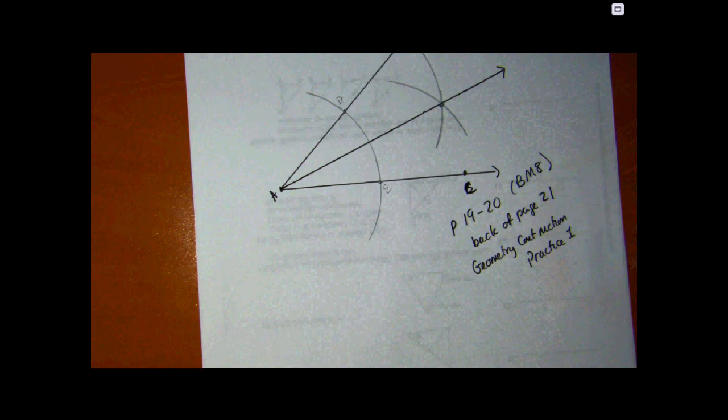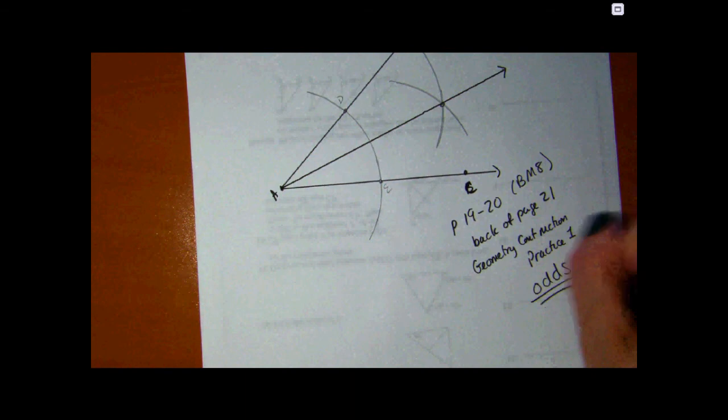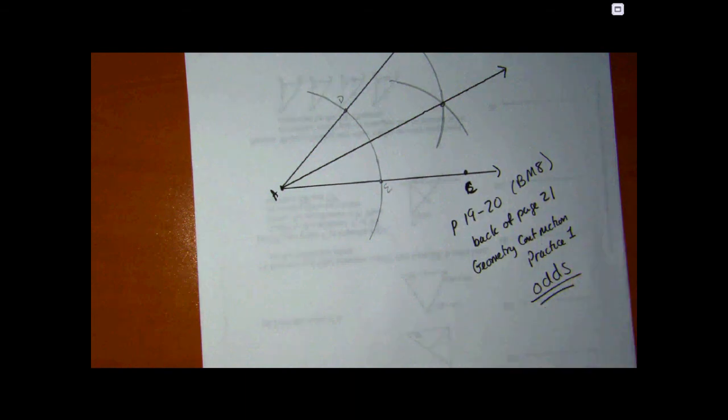So not front page 21, just the back? Yeah, the back of page 21. So basically it's benchmark 8, and then on the back of benchmark 9 is an extra practice for benchmark 8. And I want you to do the odds on all of them. So again, that gives you extra credit opportunity.